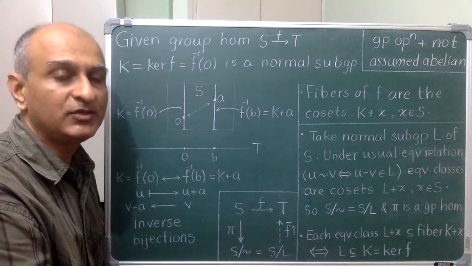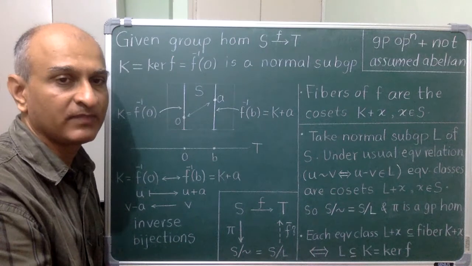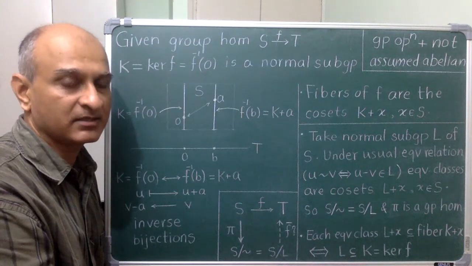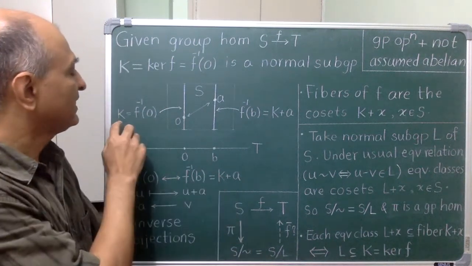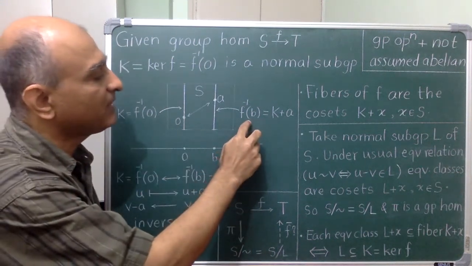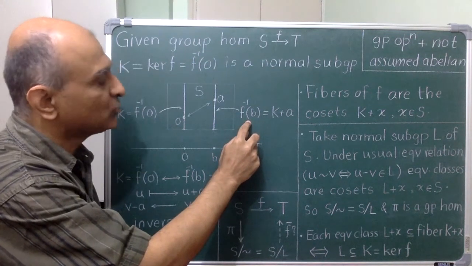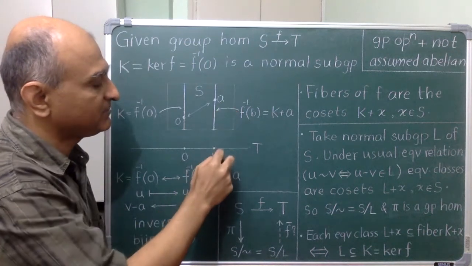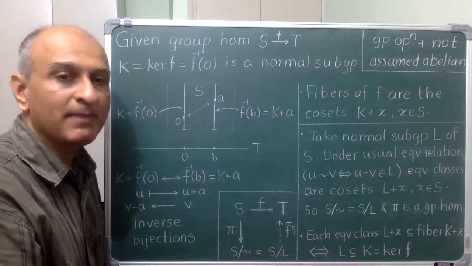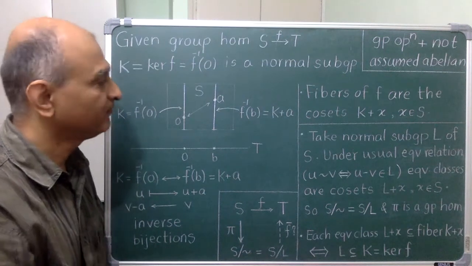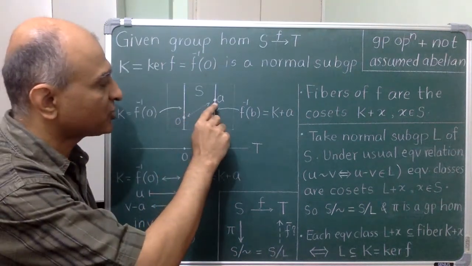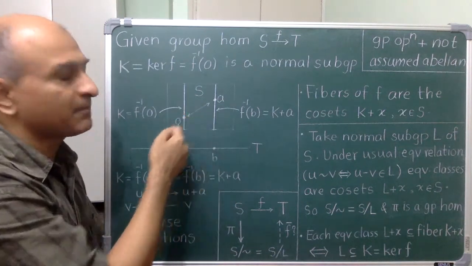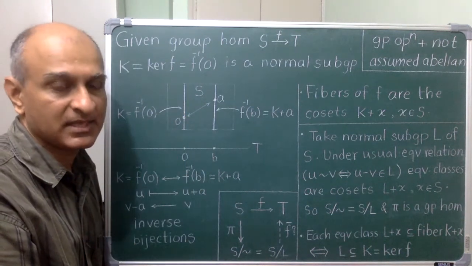I claim that any two non-empty fibers of F are in bijection with each other, and I will show this by explicitly constructing a bijection between K and an arbitrary fiber F inverse of B. So let's take a point A over B, that is F of A is B, and the required bijection is now easily constructed by, in the forward direction, adding A, and in the backward direction by subtracting A, both on the same side.